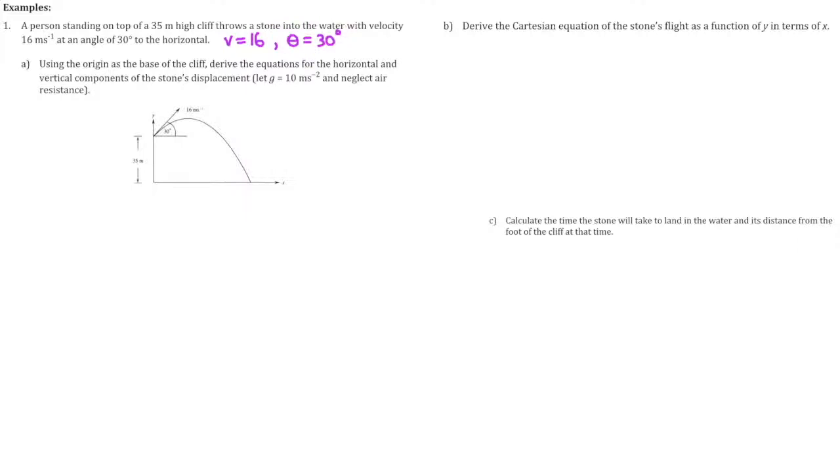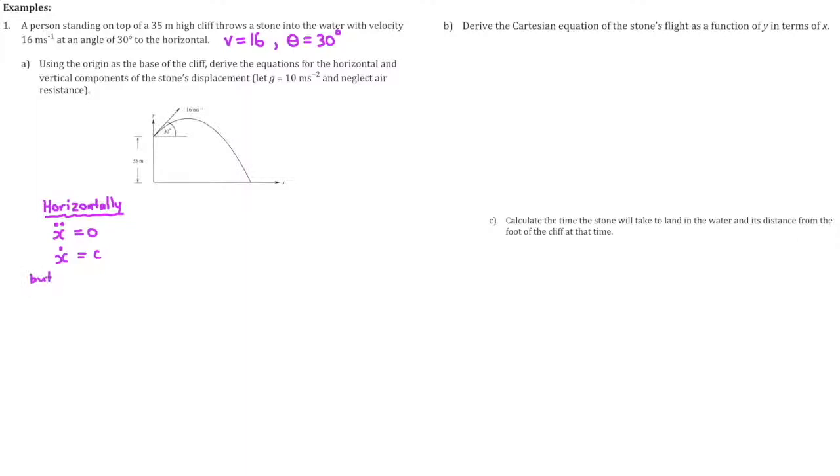Now, when we're doing these sorts of questions, we always need to start with the same thing. We're going to start with horizontally. What's happening horizontally? Now we know the horizontal acceleration. The horizontal acceleration is always 0. When you integrate 0 with respect to t, you'll just get a constant.